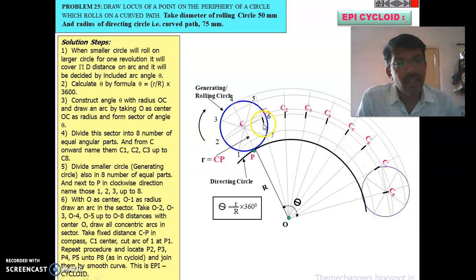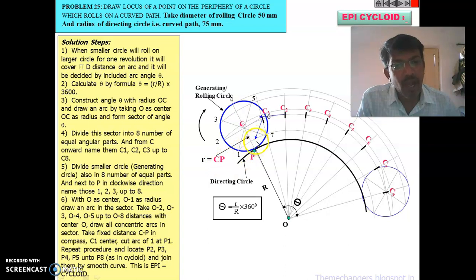With these respective centers of this rolling or generating circle, with C1 as a center and CP as radius, this R is equal to CP here, make an arc on the 1, 7 line. This blue line indicates the radius, that is CP.